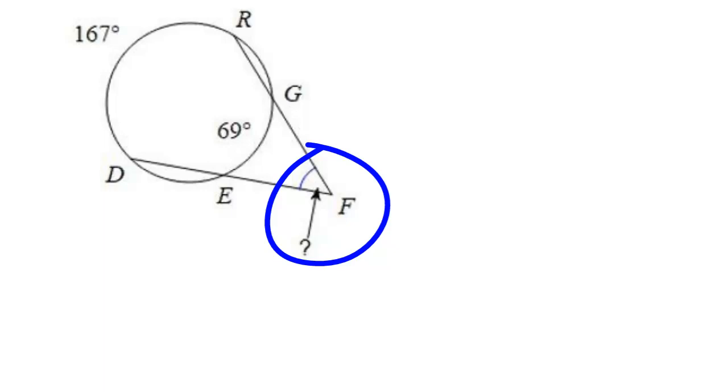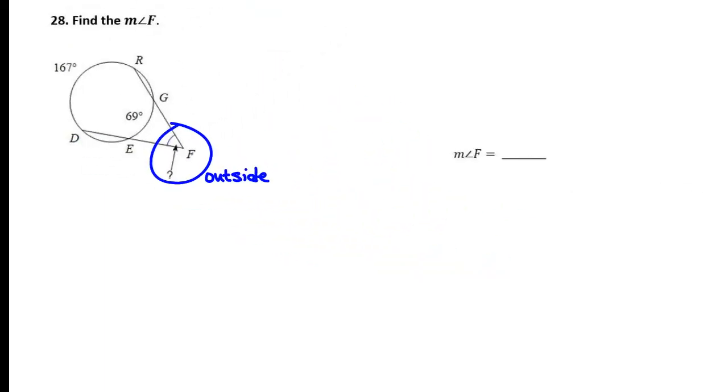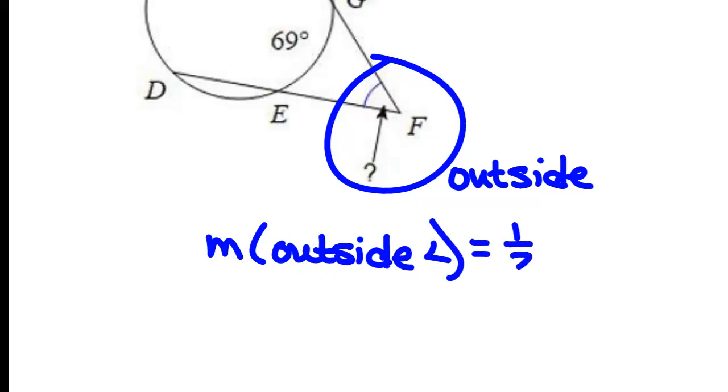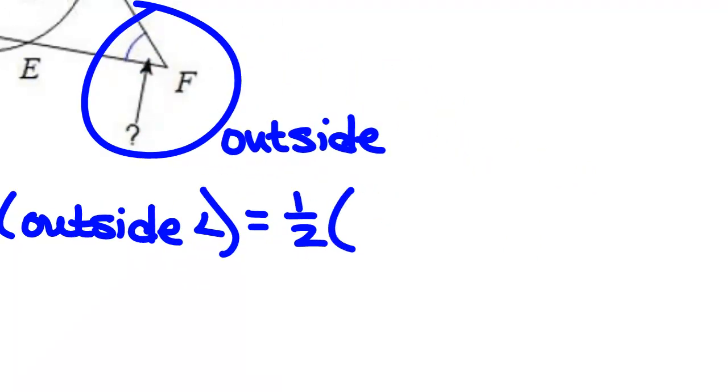Inside, outside, or on the circle? Outside. If it was inside, then my angle is half as big as the sum. I add my two intercepted arcs together. When we have an outside angle, my angle is half the size of the difference of my two arcs, arc minus arc.